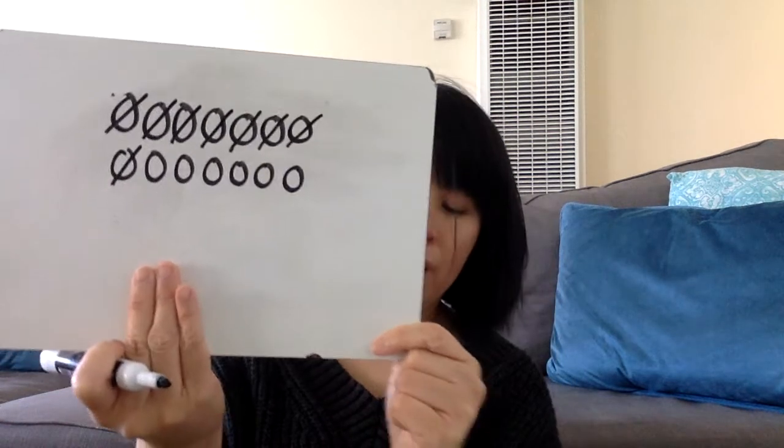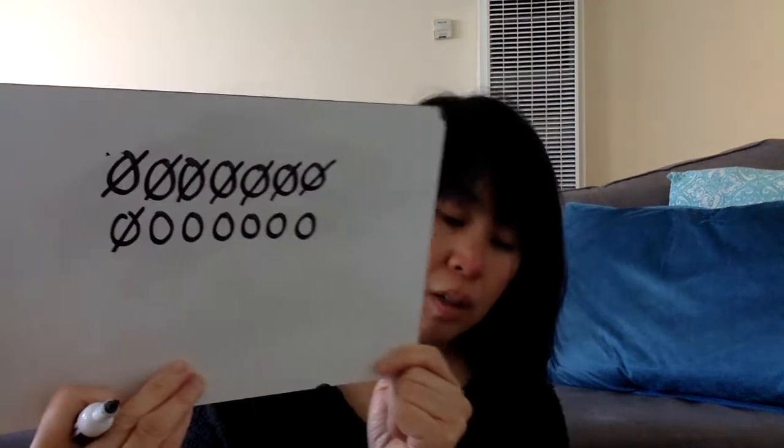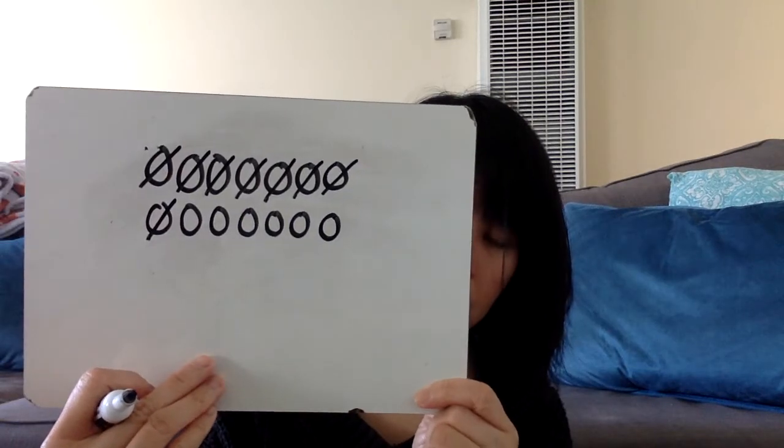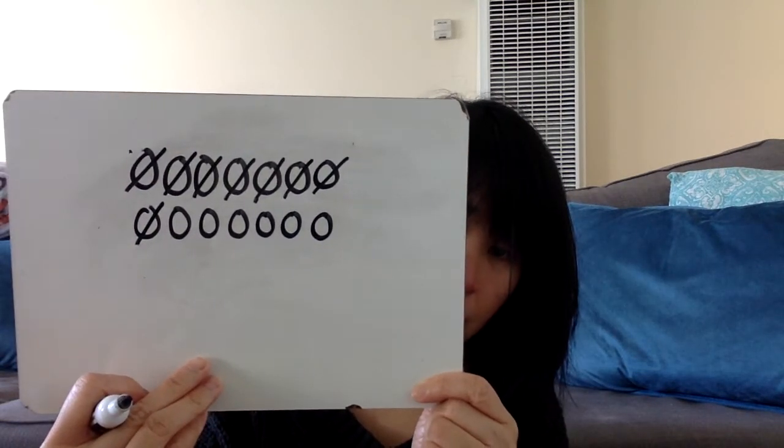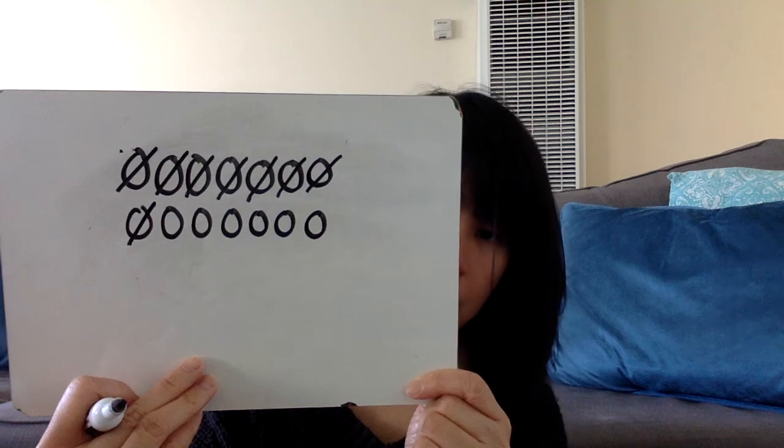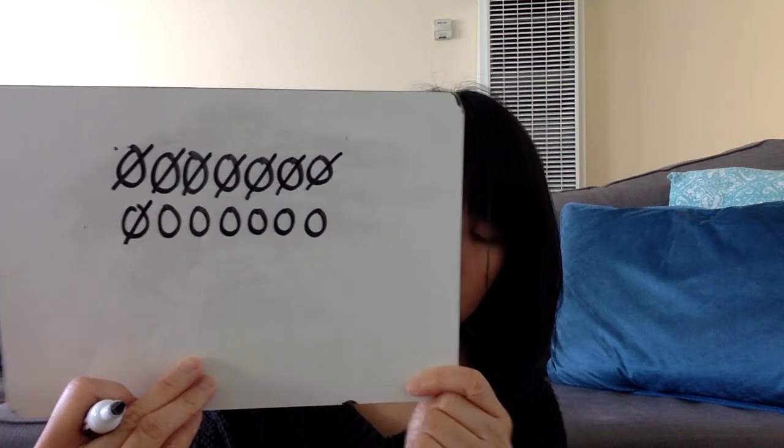I crossed out 8 because I know 8 of them are still on the ice and the rest of them are in the water. So how many circles did I not cross out? 6. Good.